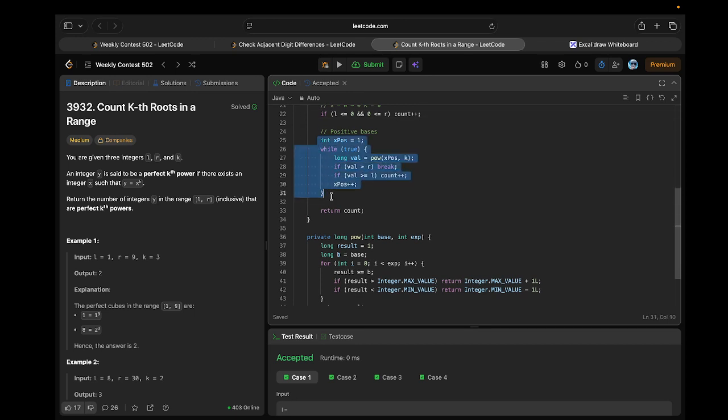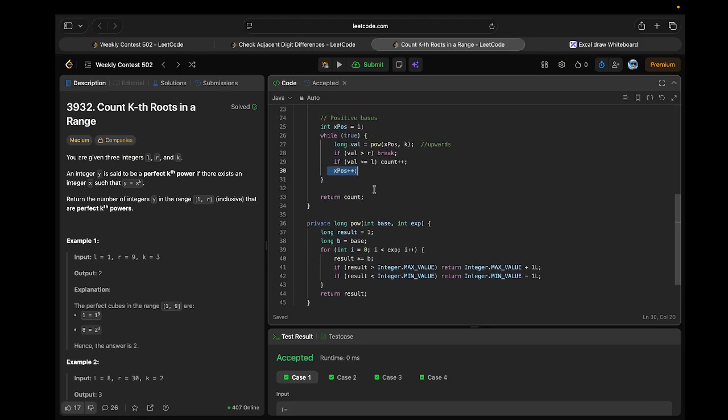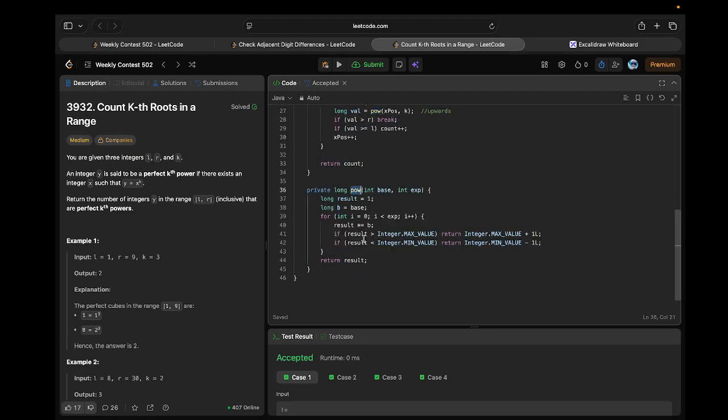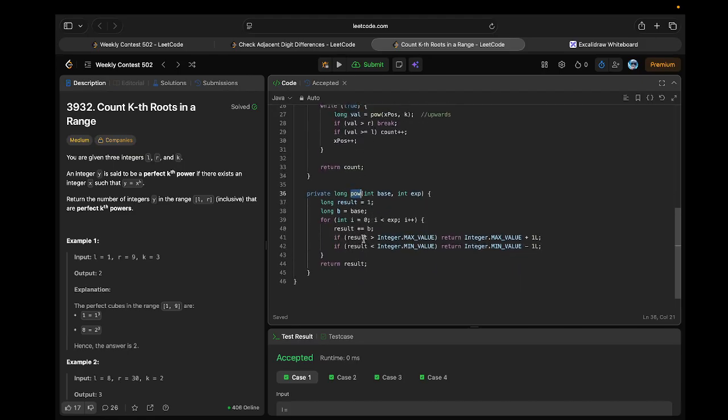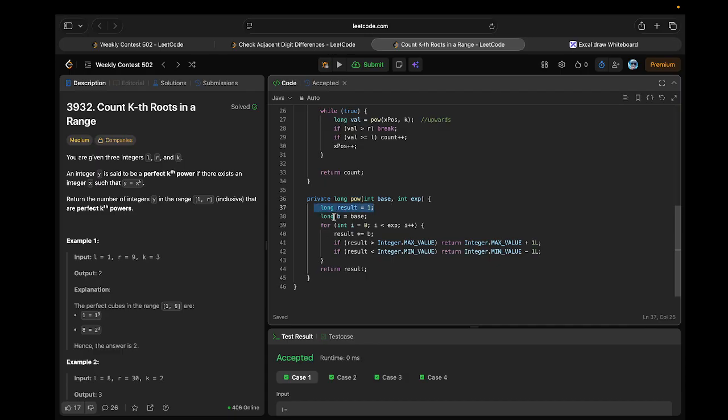For the positive case I'm doing the same stuff. I'm going upwards, and I'm checking if at any point it exceeds my R, then I'm simply breaking out. Otherwise, if it is greater than L, then I'm counting it in my answer. At every point I'm calculating the power using a custom function, which iterates over the exponent and multiplies the values.